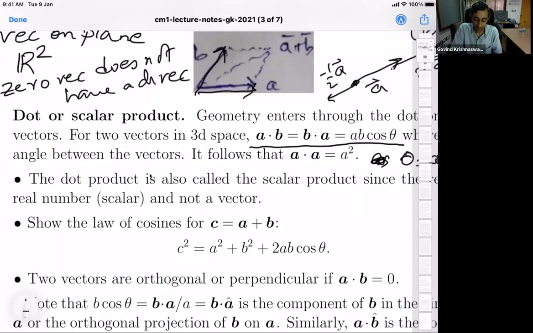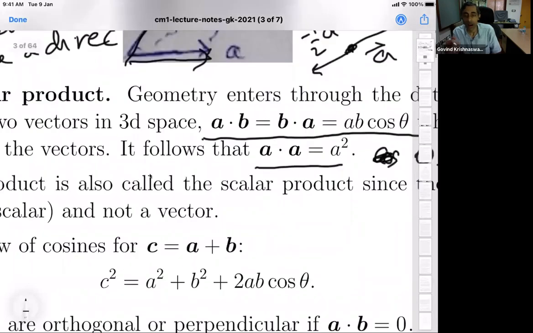You look at this equation. If I take a vector and dot it with itself, then according to the formula given before, the cosine of the angle between A and A is simply the cosine of 0, which is 1, and therefore the dot product of A with A is the square of the length of A.